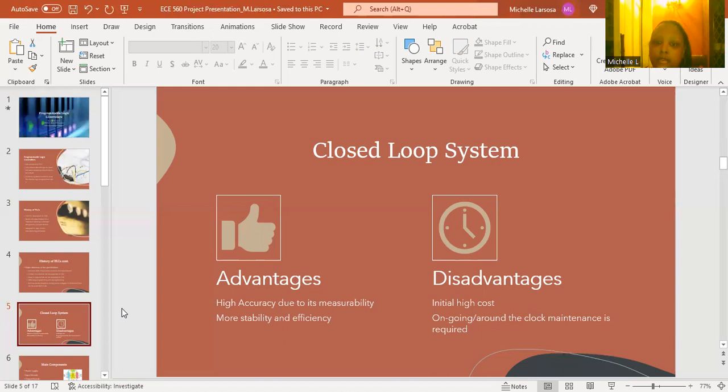The other disadvantage is ongoing, around the clock maintenance. Having people there to help service the system when needed, those people have to be paid for their service in monitoring the system. So mostly, high cost is really the main disadvantage when it comes to closed loop systems.